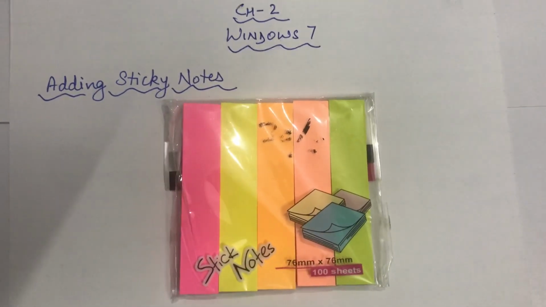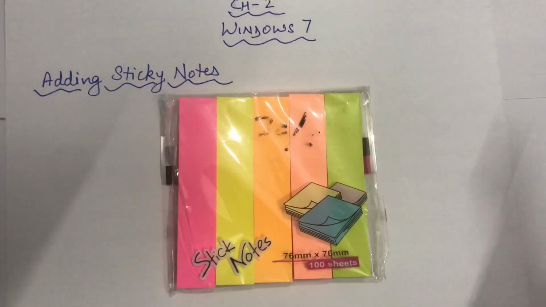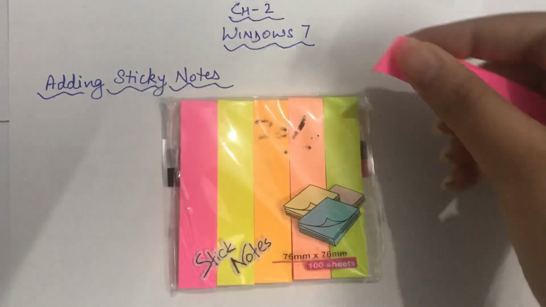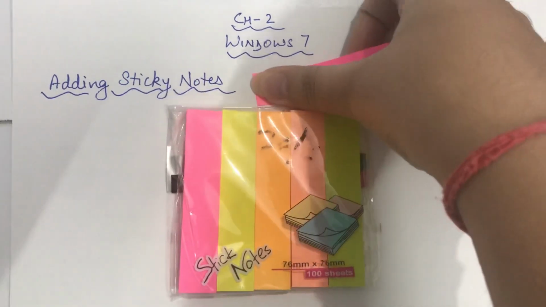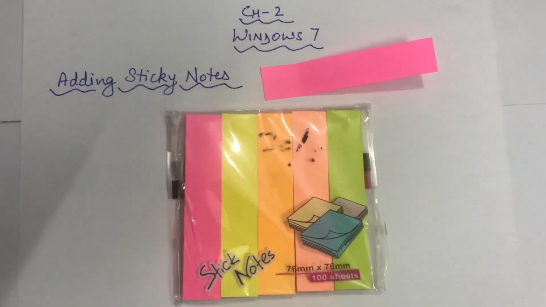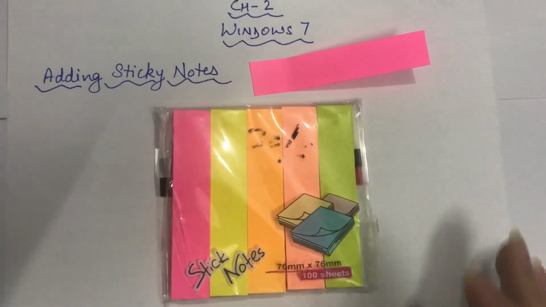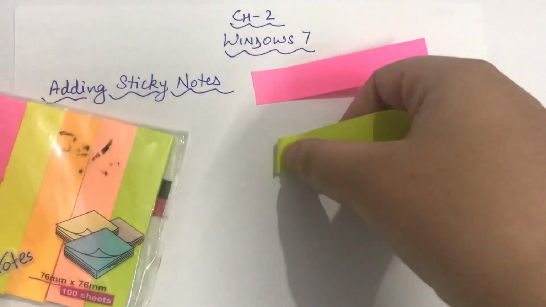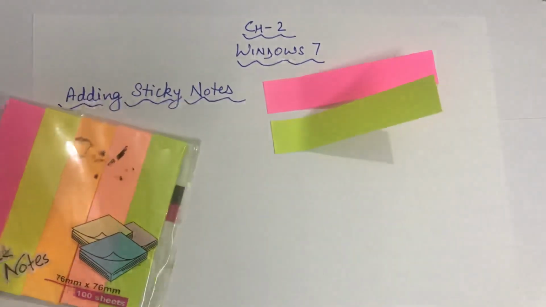Sticky notes is a small piece of paper that is sticky on one side and that you can write notes on and put on a wall or on a book. Right? Understood?